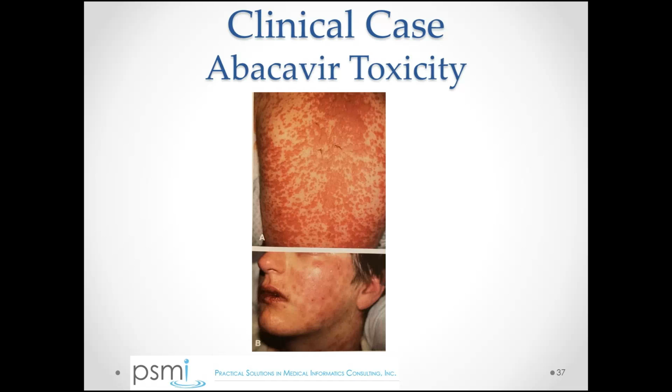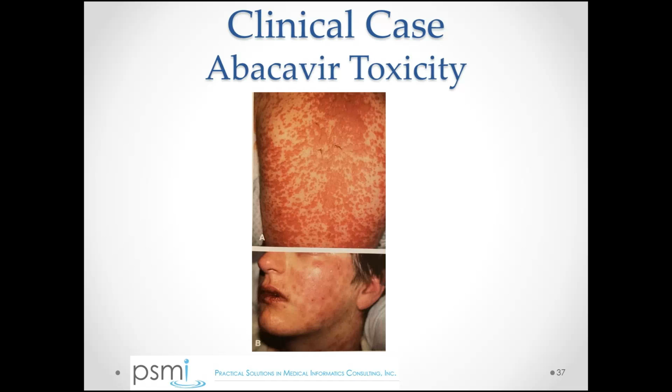And a year later, when the increased susceptibility to Stevens-Johnson syndrome with abacavir was shown to depend on a particular HLA genotype, he had HLA typing and was found to carry the susceptibility allele, which is an HLA-B allele called 5701.